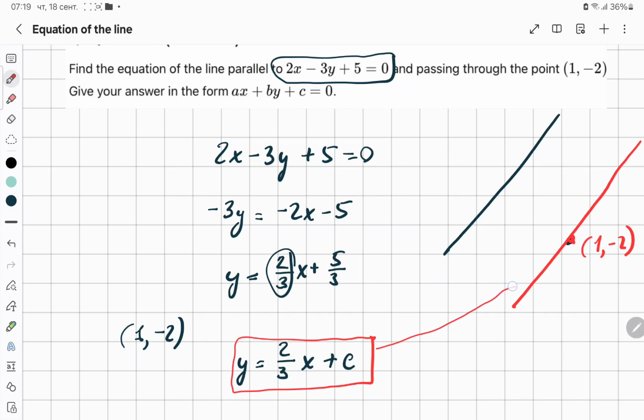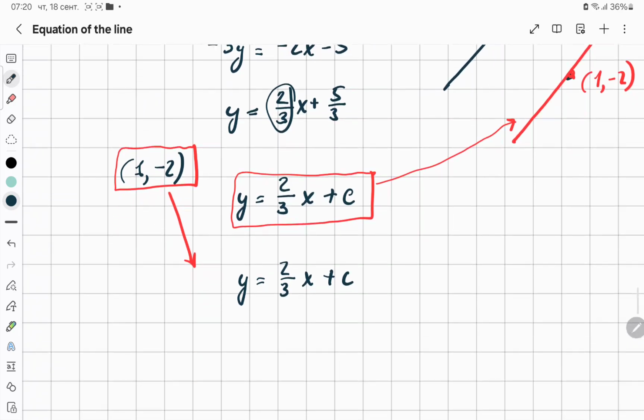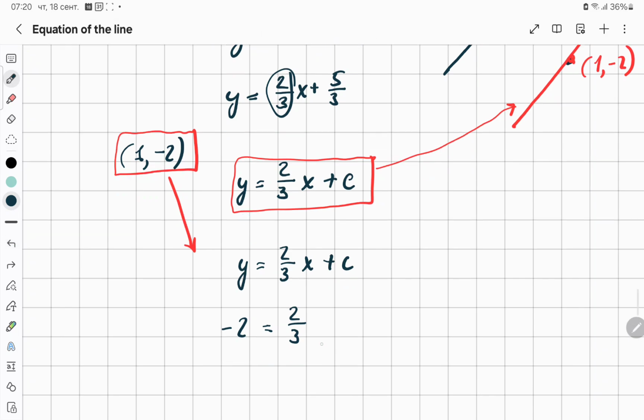And now we are going to use the coordinates of the point, as we did in the previous examples, to find c. So let's find c now. Y equals 2 over 3 x plus c. And now we use the point again. So instead of y, we plug in -2, then 2 over 3 times 1 plus c.